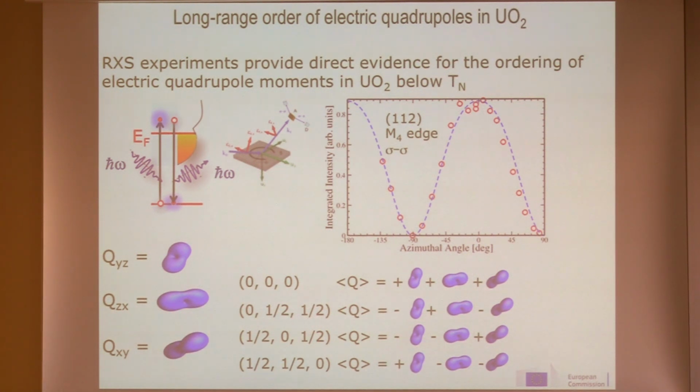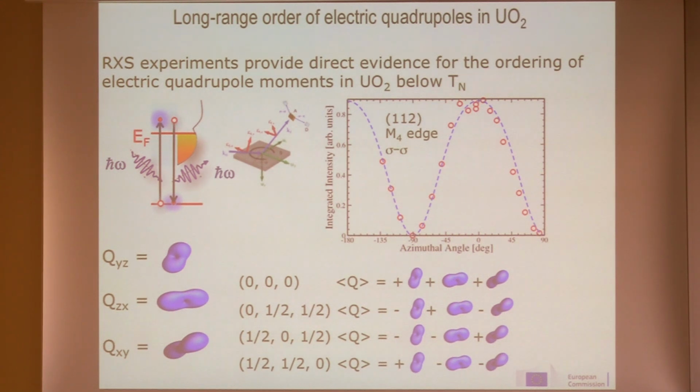So you have the scattering vector like this, incident and diffracted, and you rotate the sample around this direction. If you have a charge order, the intensity is flat. If you have a magnetic or quadrupole order of different orders, you will observe oscillation.